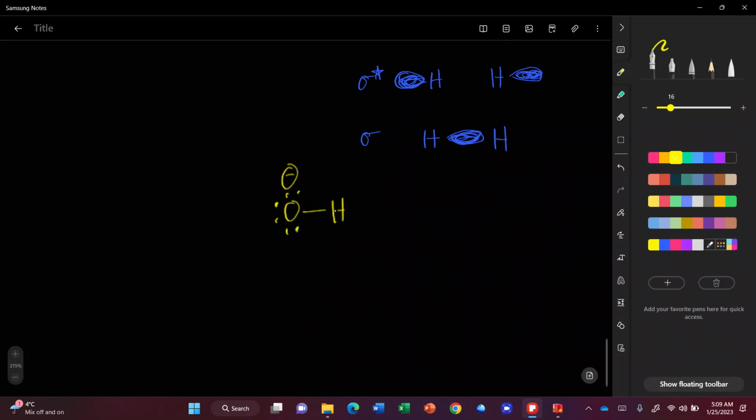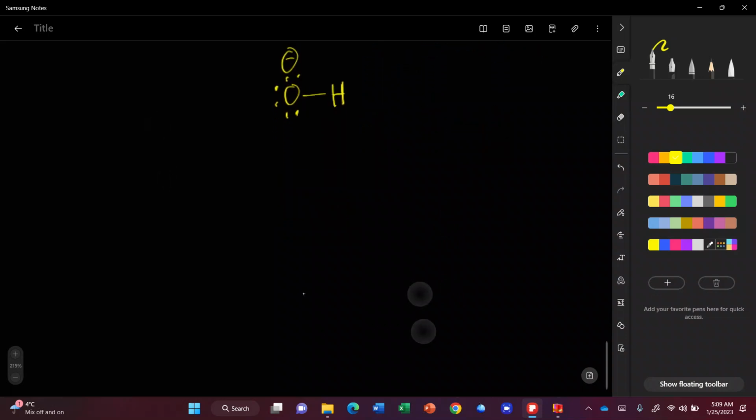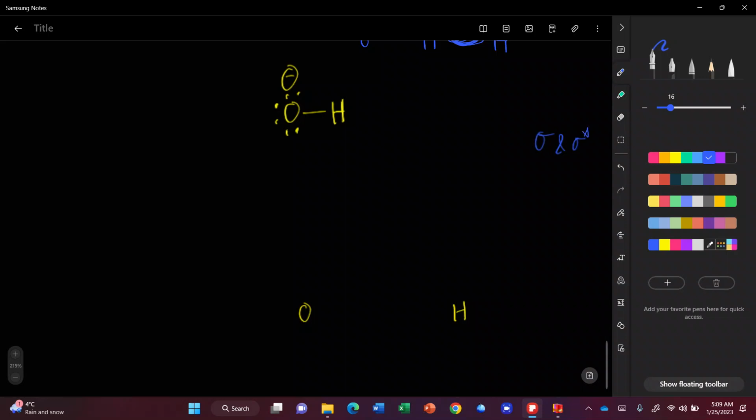OH minus is also diatomic, which makes it easier. So we can do oxygen over here and hydrogen over here. If I look at the bond here, it's a single bond, which means I know that I ultimately am going to get a sigma and a sigma star.